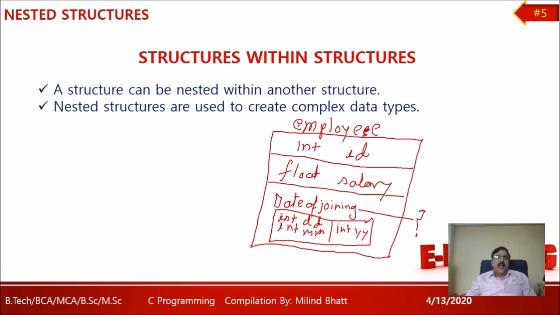So inside my employee structure, I have also declared one more structure, that is date of joining, or say date, which is also a combination of some other structure. If such a combination I have to create in my C programming, then it will be termed as declaring a structure within another structure. This is possible in C. Let me clear the screen.